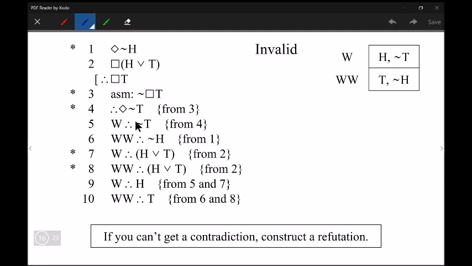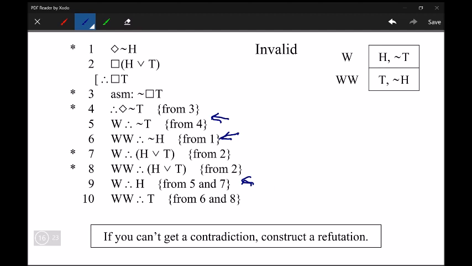Every time you drop a possible, you imagine a different world or different story, and it's true in that scenario or that story. So you get this one, and you get this one in different worlds. And then the necessary thing you drop in both worlds here, it's heads or tails in both worlds. But then in world W, you have what? Heads or tails, but not tails, therefore heads. So you get this in world W.